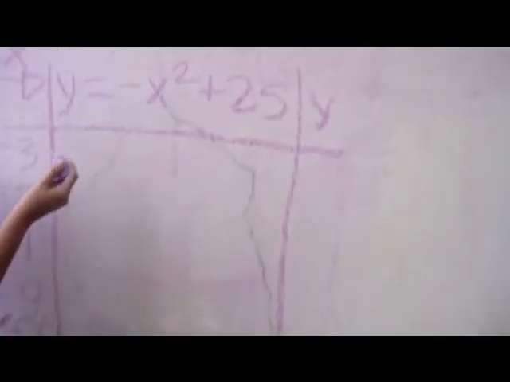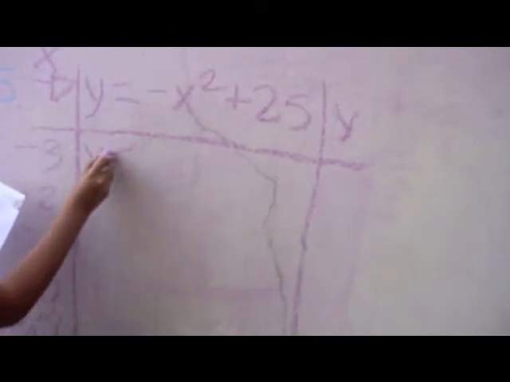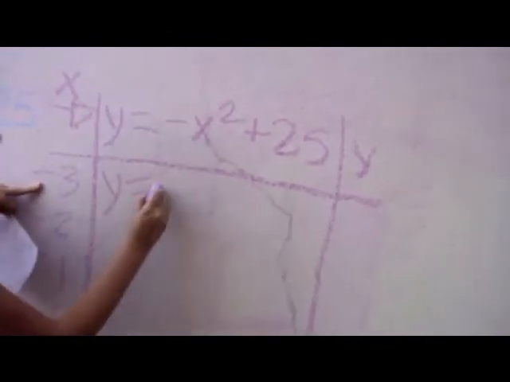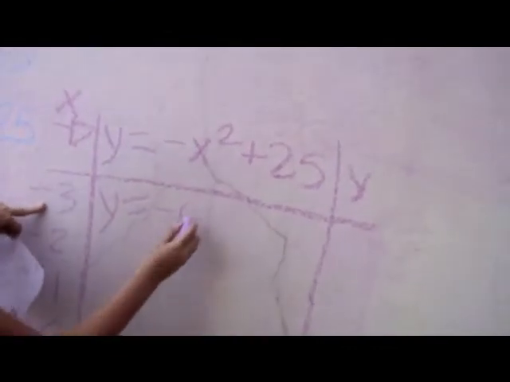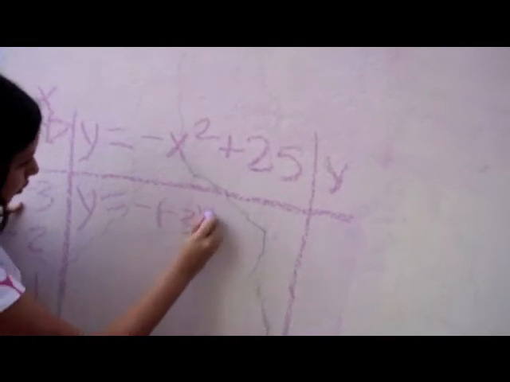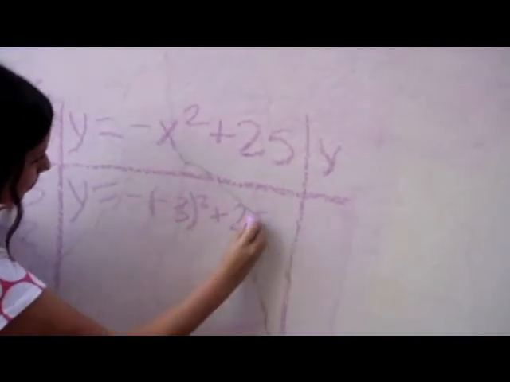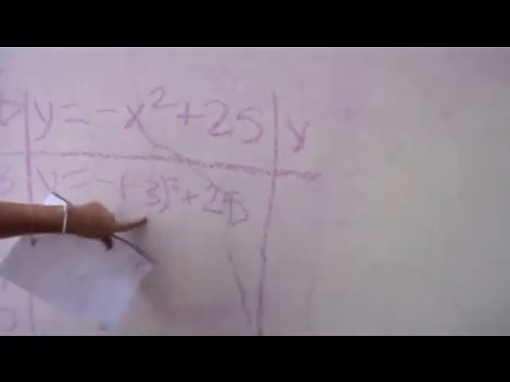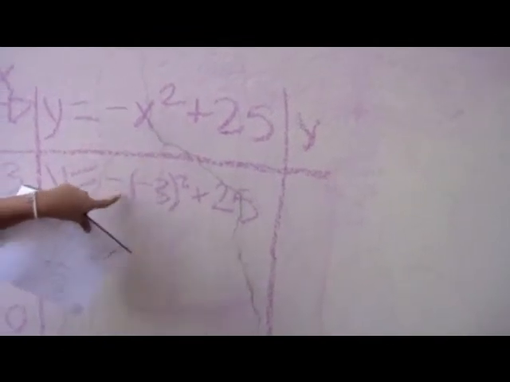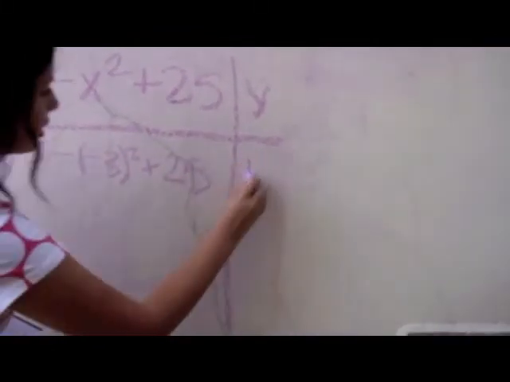Here, since we have the negative, like the first example, since it's -3, the negative, and in parentheses you put the x, which is -3 squared plus 25. This is 9, you put the negative, -9 plus 25 is 16.